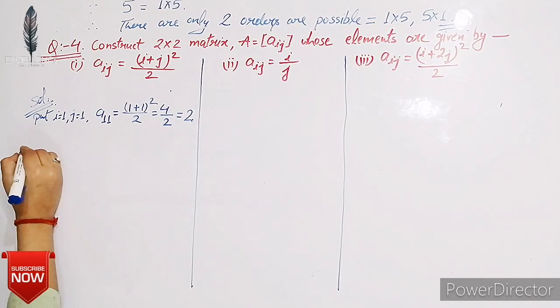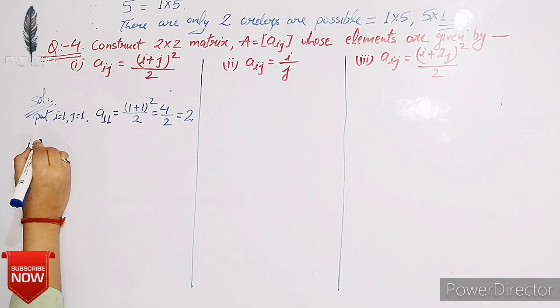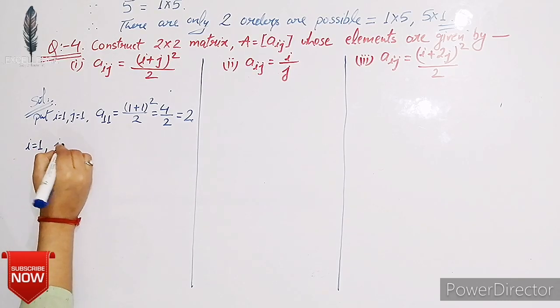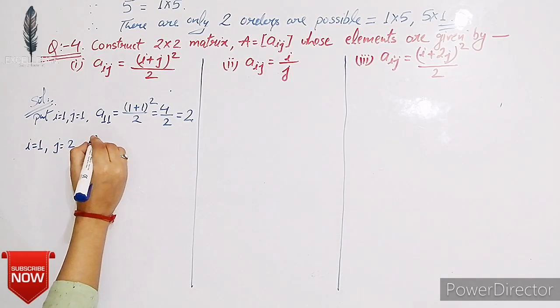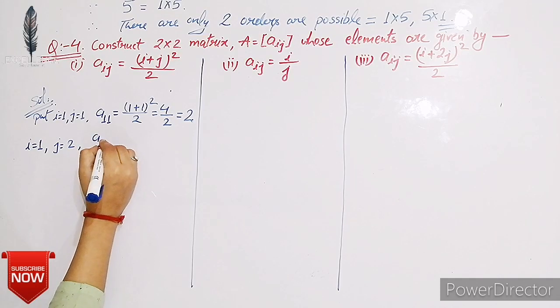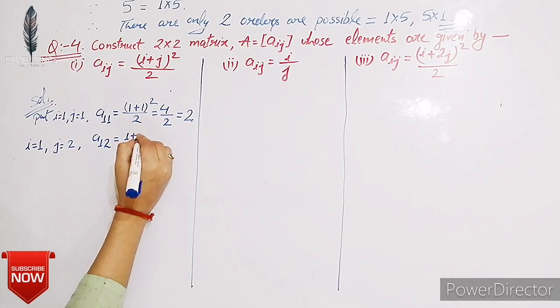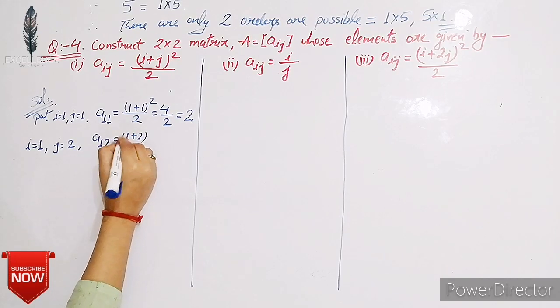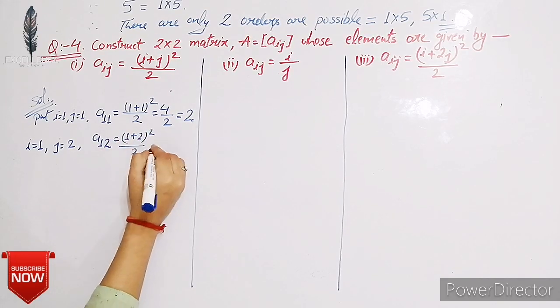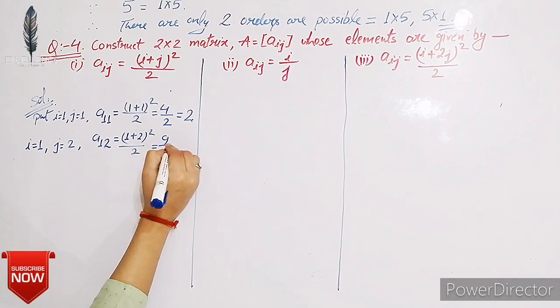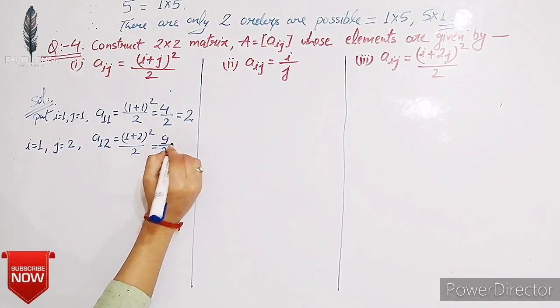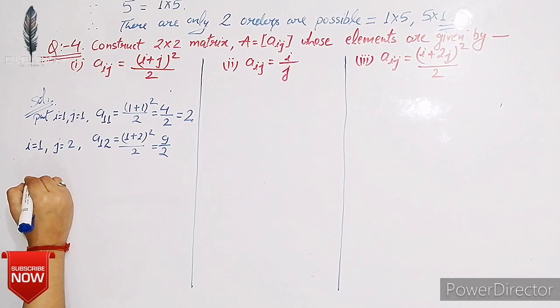A11, first element, equals 2. Next put i equals 1 and j equals 2, that is A12. A12 equals (1 plus 2) whole square by 2, that is 1 plus 2 is 3, 3 square is 9, 9 by 2 is your second element.